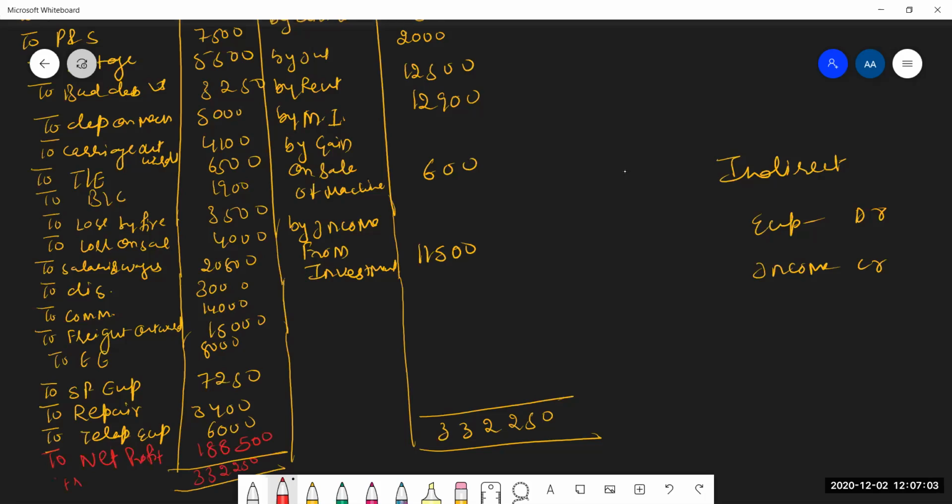So you need to write here transfer to capital account. And where do you need to show the capital account? In the balance sheet, which you have already studied in the accounting equation chapter. Here also I will be repeating the topic, but still you people are aware of how to make the balance sheet. So this is all about the profit and loss account, and you can prepare this account as per the information given in the question. I hope I am clear with the topic.